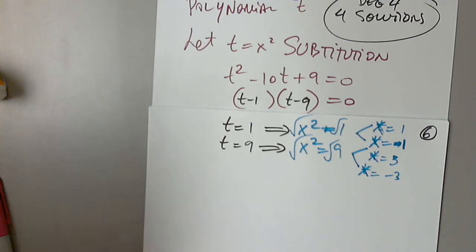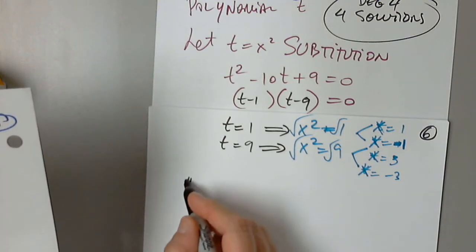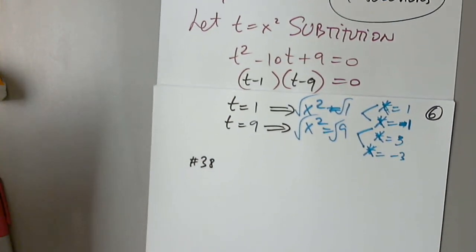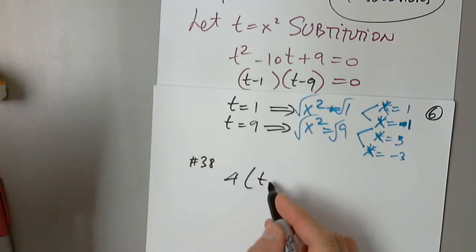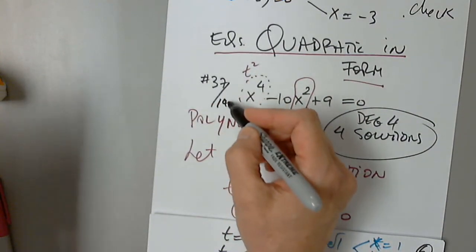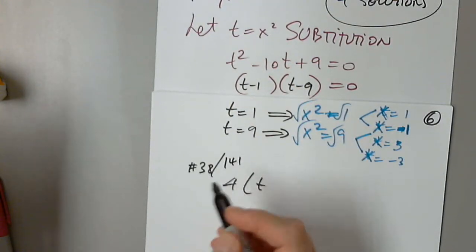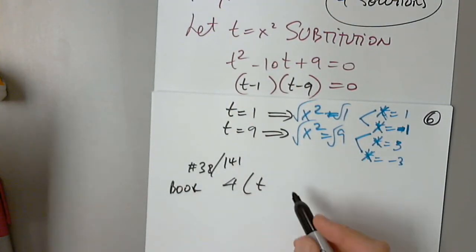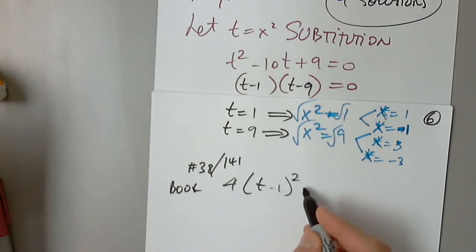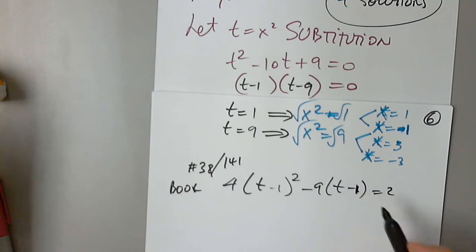Let's work on one more, let's say 38. These problems are from the book, page 141. t minus 1 squared minus 9 t minus 1 equals 2.